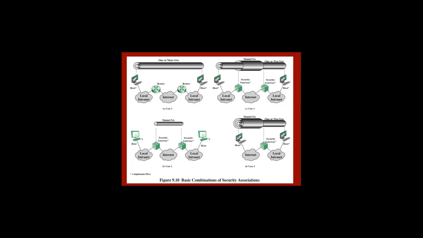The lower part of each case in the figure represents the physical connectivity of the elements. The upper part represents the logical connectivity via one or more nested SAs. Each SA can be either AH or ESP. For host-to-host SAs, the mode may be either transport or tunnel. Otherwise, it must be tunnel mode.